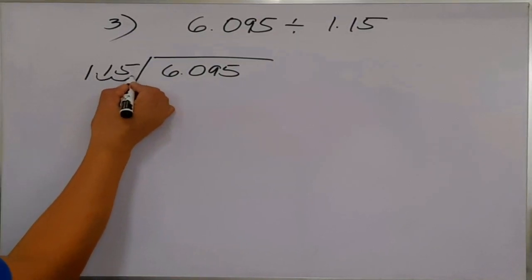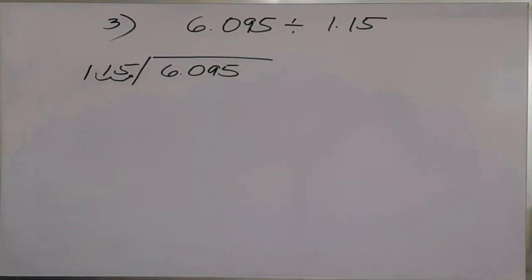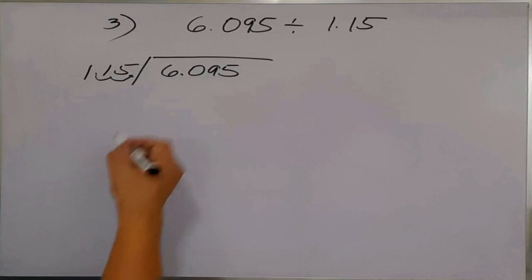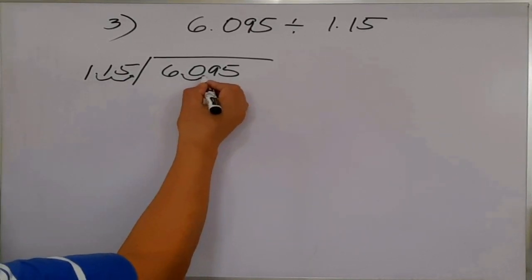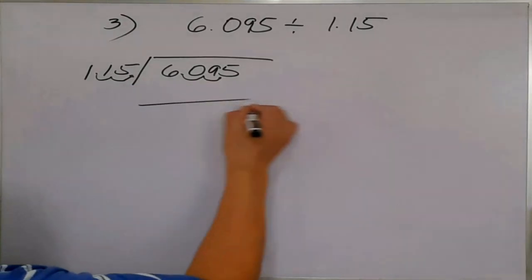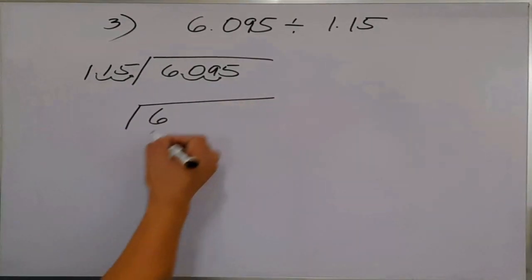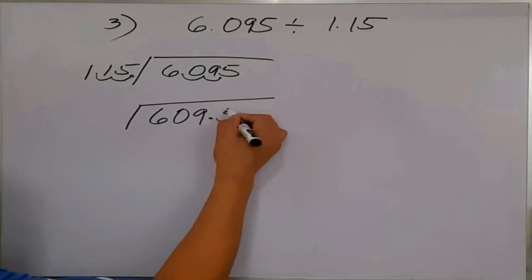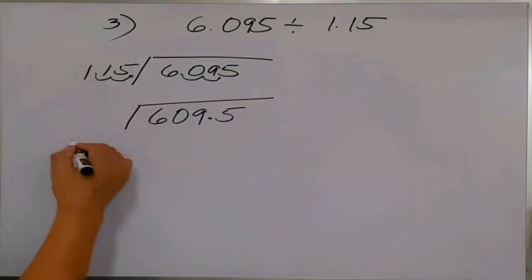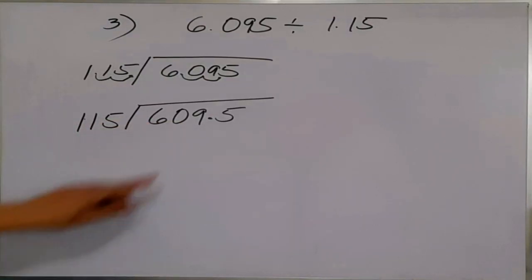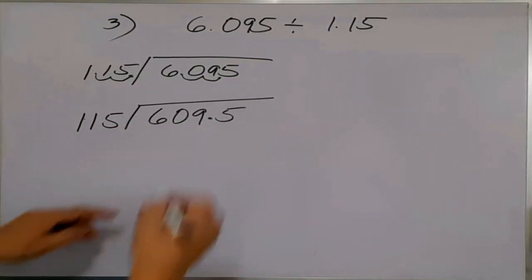So that's 1, 2. Okay? So we transferred to here, 2 places here. We also move 2 places. That's 1, 2. Okay, so that becomes 609.5 divided by 115. So let's put your decimal point above.